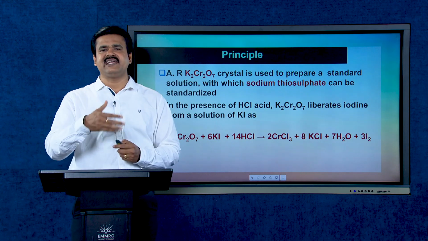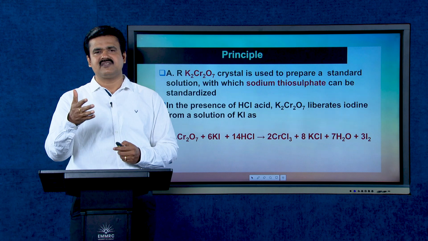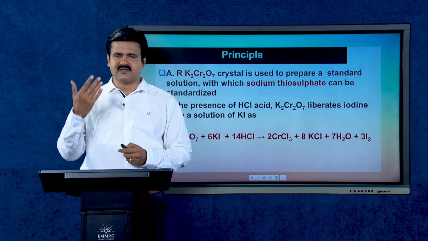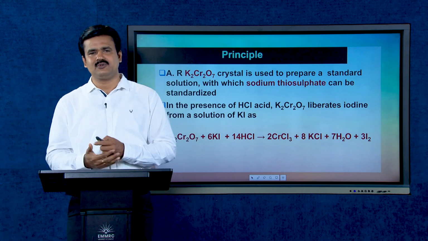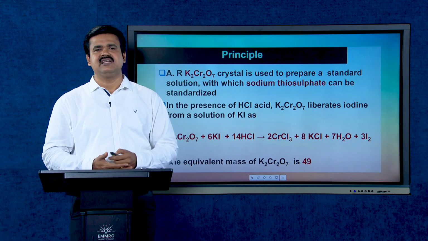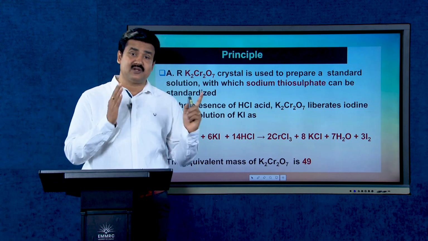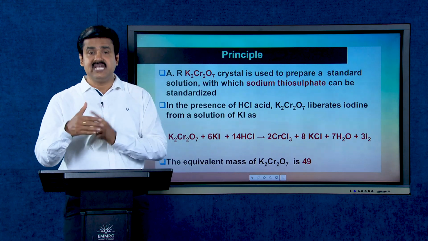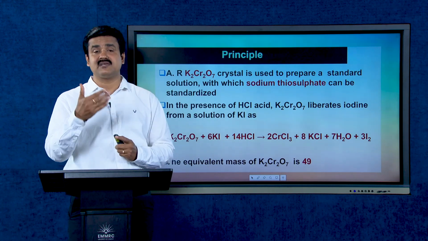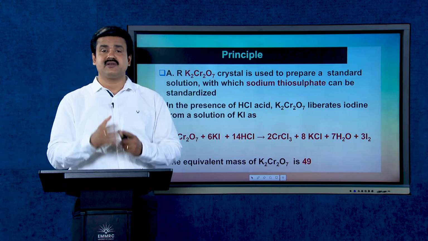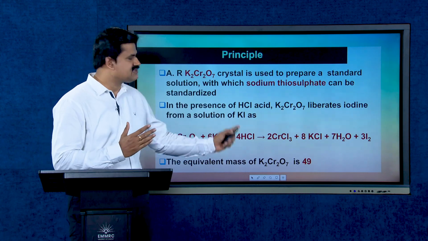Here you can see iodine is liberated, and as a result of this reaction, potassium dichromate in its +6 oxidation state is reduced to Cr3+, and the equivalent mass of this potassium dichromate, which performs as an oxidizing agent in this reaction, is obtained by dividing its molar mass by the change in oxidation number to get the equivalent mass as 49.